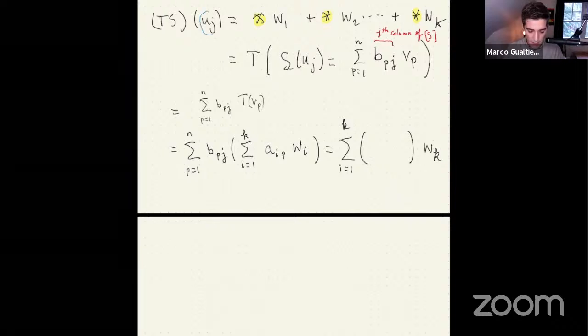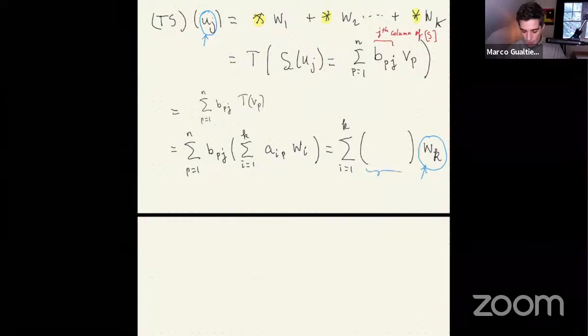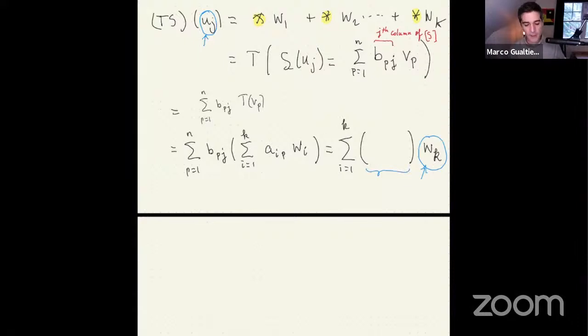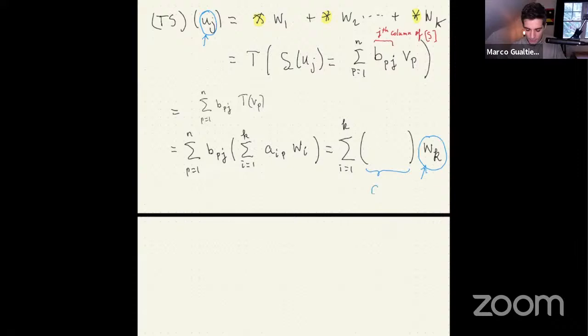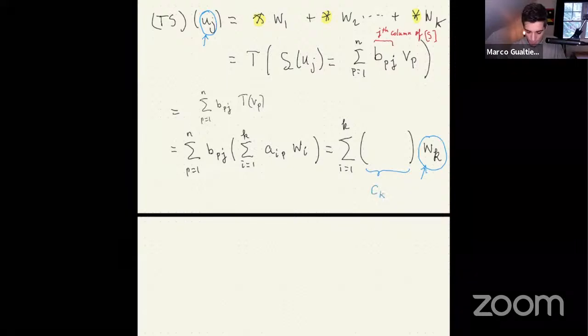Because I'm applying TS to Uj, and expanding the result in terms of Wi, this coefficient will be exactly what you get in the ith row and the jth column of the answer.